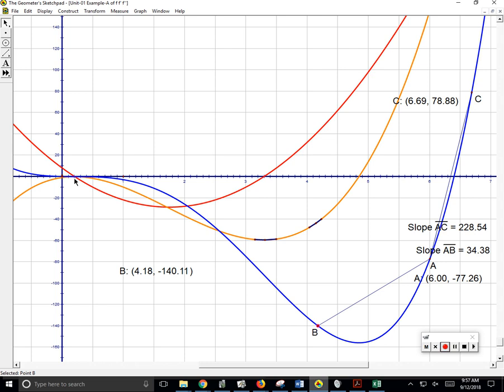Another way is to note that when the velocity is increasing, the velocity's derivative, the acceleration, is positive. So you can also find where the red graph is equal to 0. That's the same as well. So I could go find the 0 on the red. But either way, it doesn't matter.